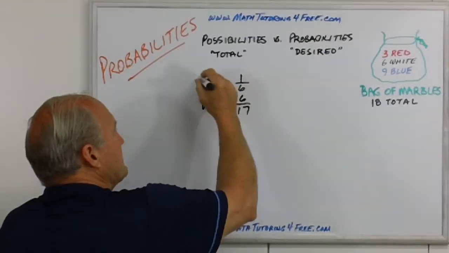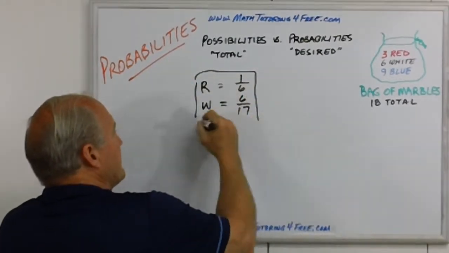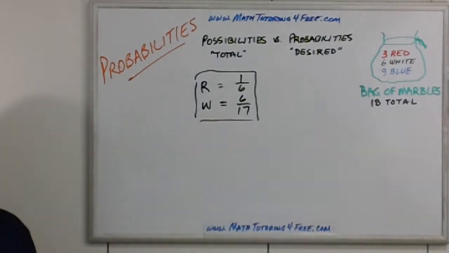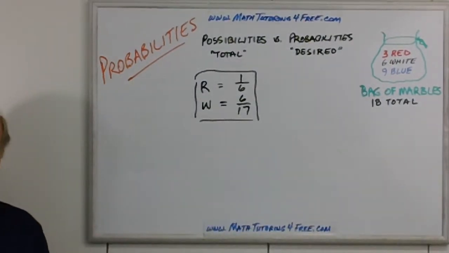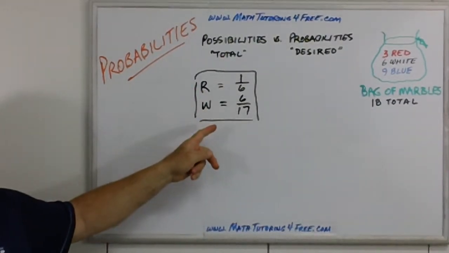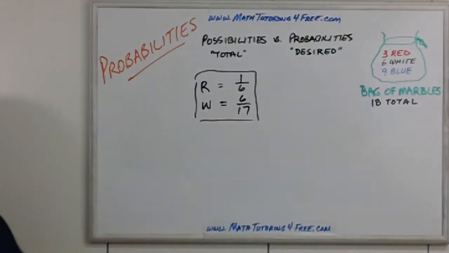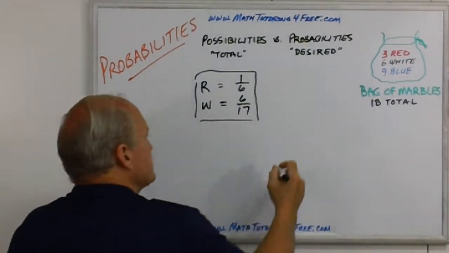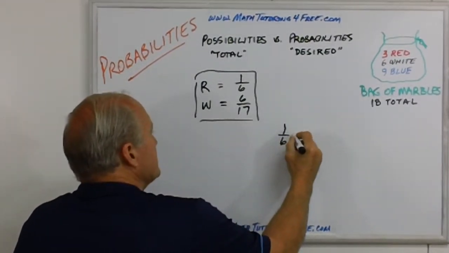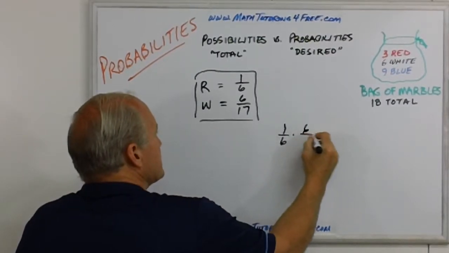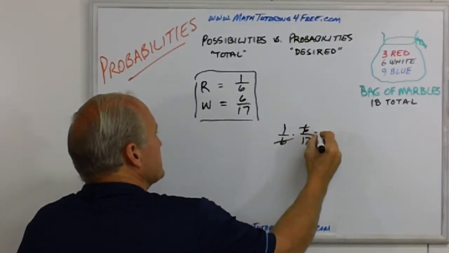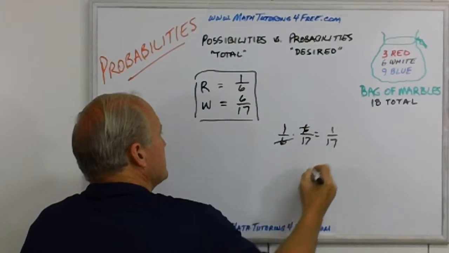Now, to get the probability of this compound event, the two happening and coming up with the desired sequence of a red and then a white one, we just multiply those two individual probabilities. So we have 1/6 times 6/17. The 6's cancel, we get 1/17.